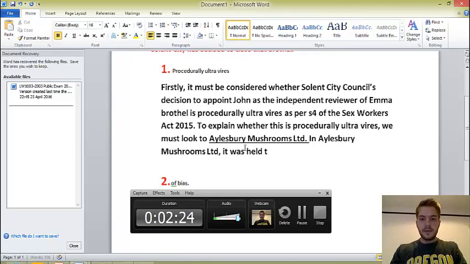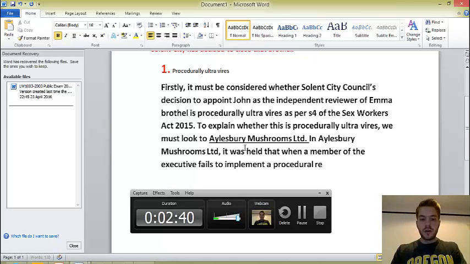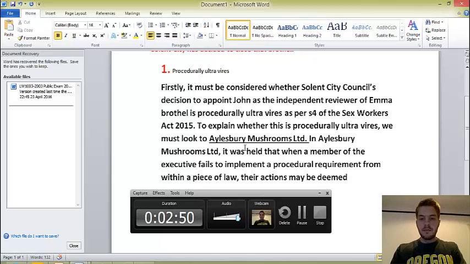It was held that when a minister of state fails, or when a member of the executive fails to implement a procedural requirement from within a piece of law, their actions may be deemed illegal on that basis.